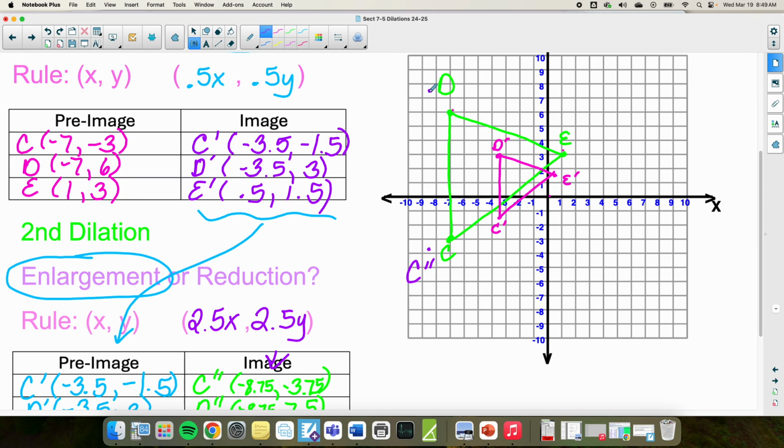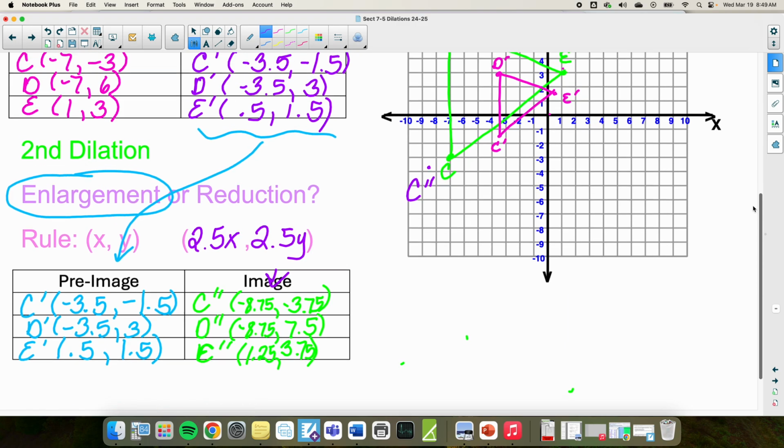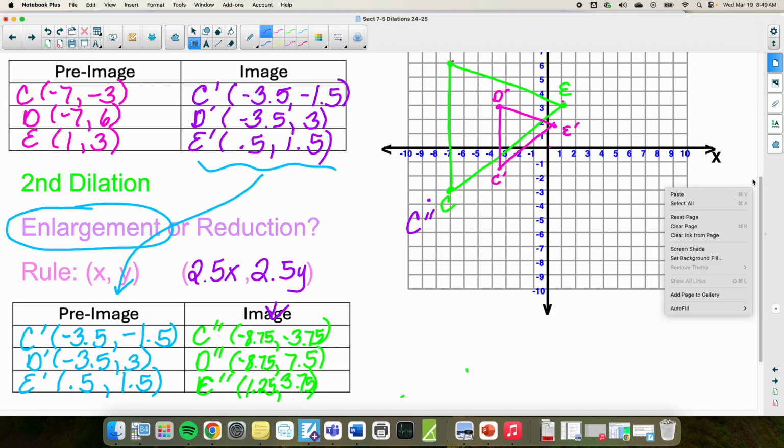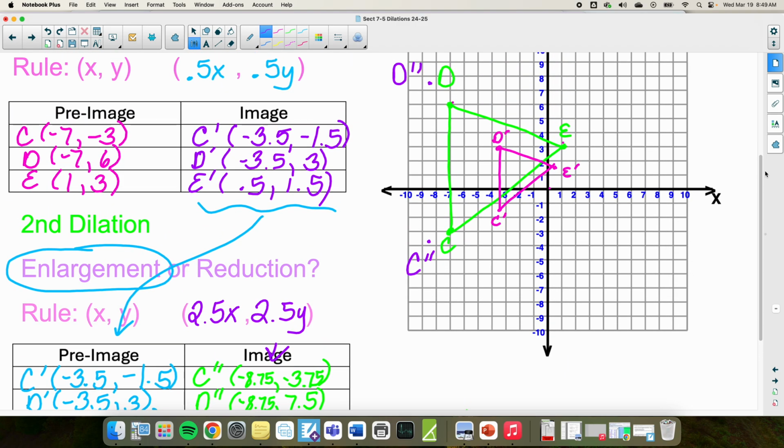And that would be my D double prime. And then E would be 1.25, 3.75. So 1.25, 3.75 would be about there. And that would be my E double prime. So then we would connect those.